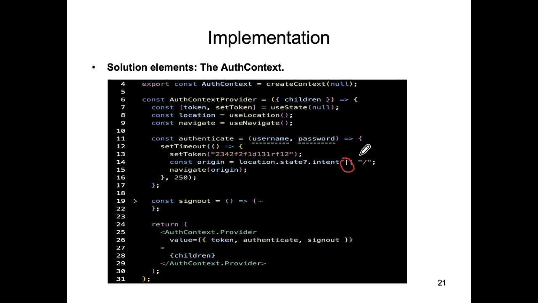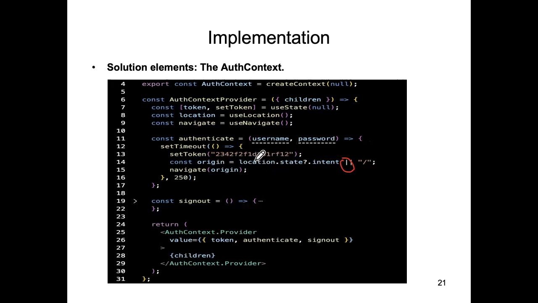So the way this is evaluated is the thing to the left of the or is evaluated. And if that overall evaluation is a Boolean true, then the result of the evaluation is assigned to the variable on the left. If it evaluates to false, then the thing to the right of the or is assigned to my variable on the left.